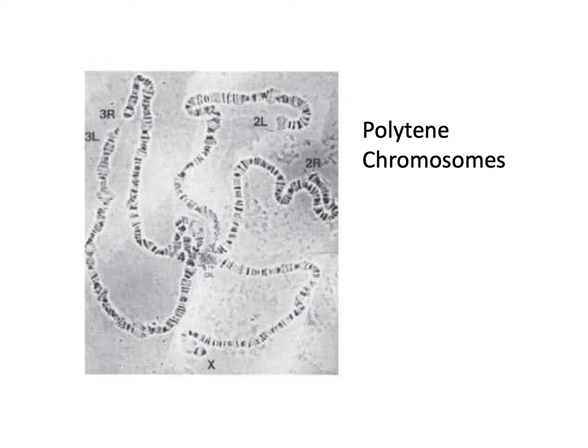And people that work on these polytene chromosomes, if you showed them a little segment of the polytene chromosome, they could tell you where it is in the genome based on the banding pattern.